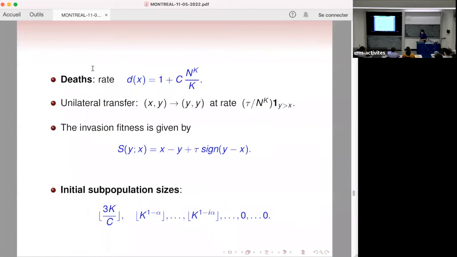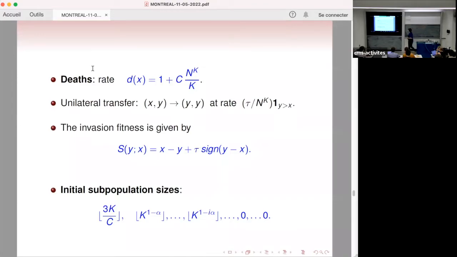We take exactly the same as in the simulation. We have a constant competition pressure and a unilateral frequency-dependent transfer rate. We keep this expression of the fitness: x minus y plus tau times the sine of y minus x.